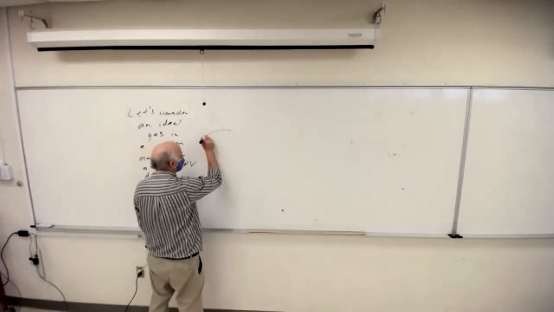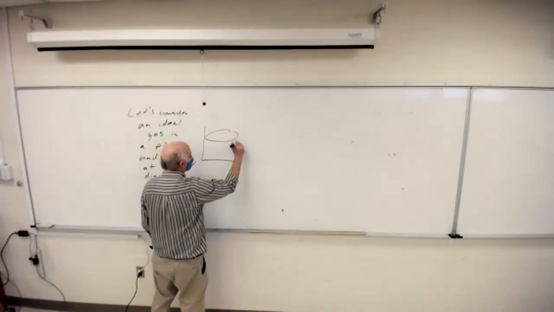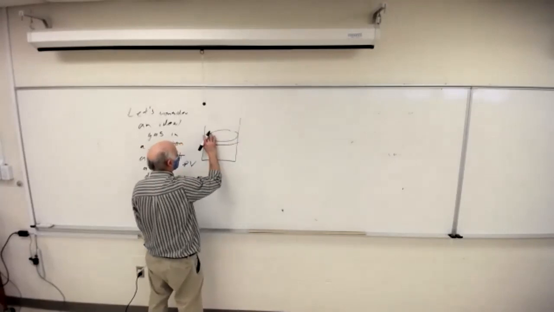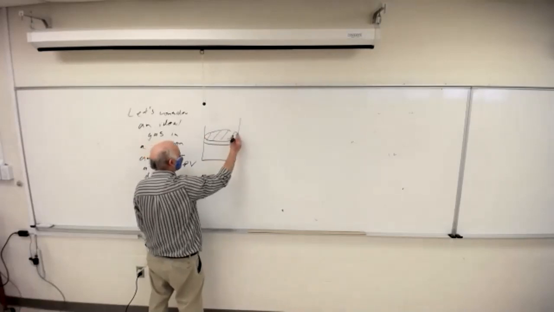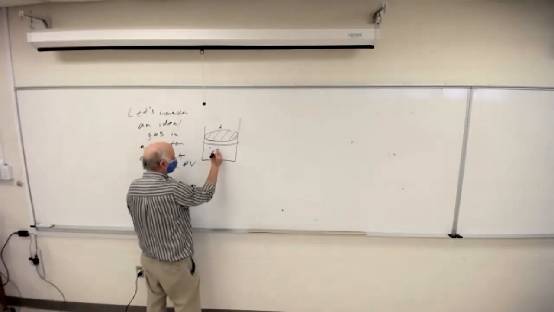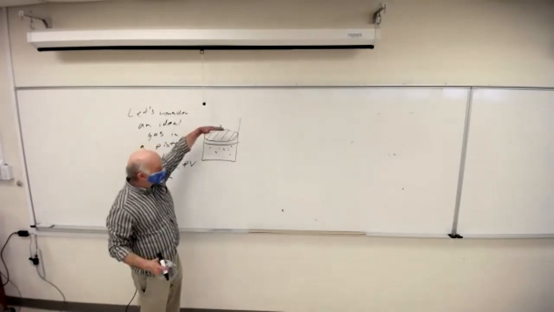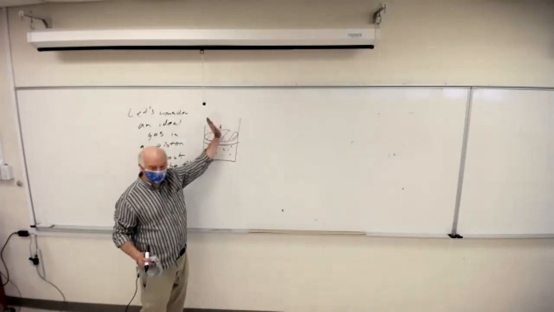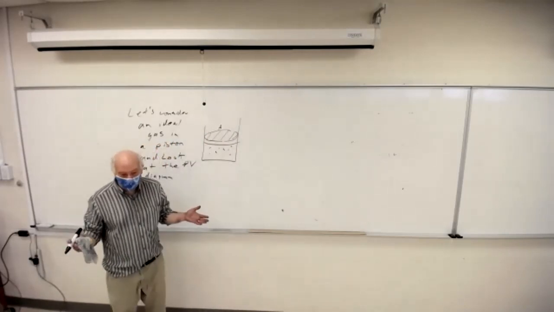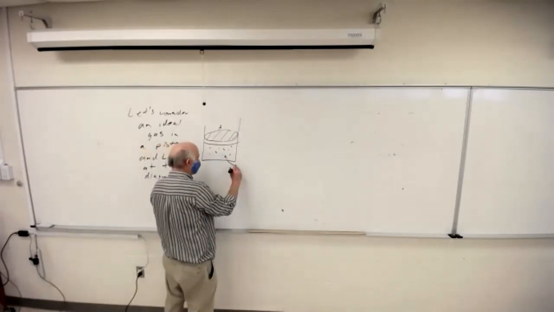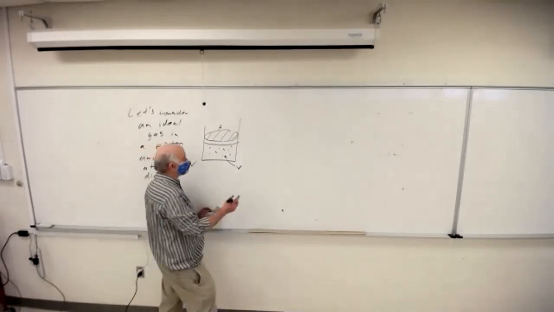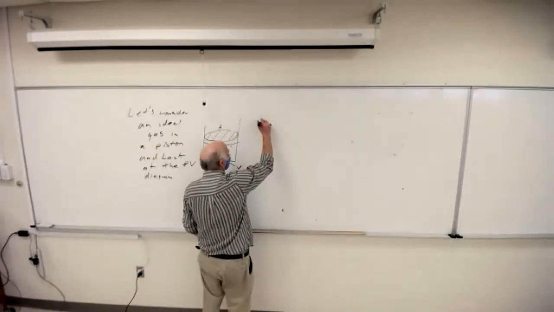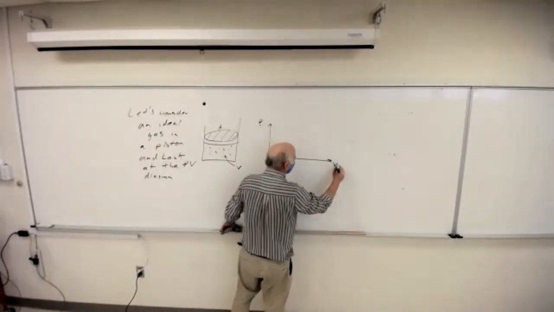So here's our little piston. Right here. So here's our little gas. And we can compress this, push down on it, and let the gas expand up on it. So we have a different volume. So this is some volume. And what we're going to do is look at the pressure of the gas versus the volume.